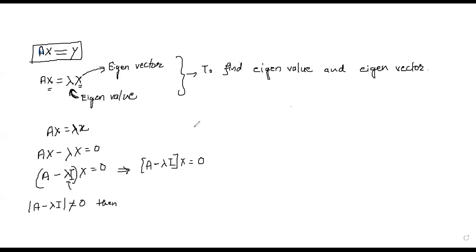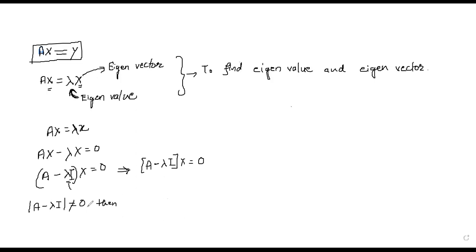Sir, it is invertible. Acha, it is invertible. If the determinant of a matrix is not equal to 0, then the matrix is invertible. So the inverse of the matrix exists.